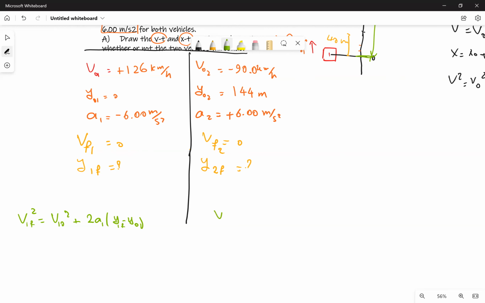And if I write this down for the second vehicle, V2F is equal to V20, or V02, it doesn't matter, plus 2A2 times (Y2F minus Y02).